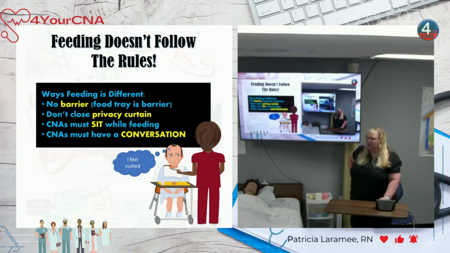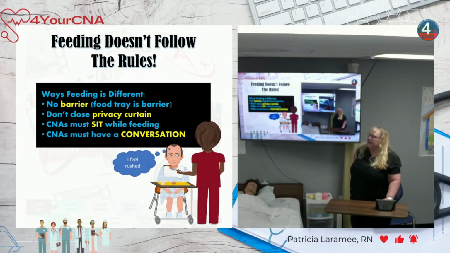They usually revolve around food. Baby showers, weddings, funerals. Birthday parties, graduations, even backyard barbecues. So isolating a patient by pulling that curtain will actually cause them to eat less. We want to encourage appetite, not diminish it. So don't close the privacy curtain for this skill.